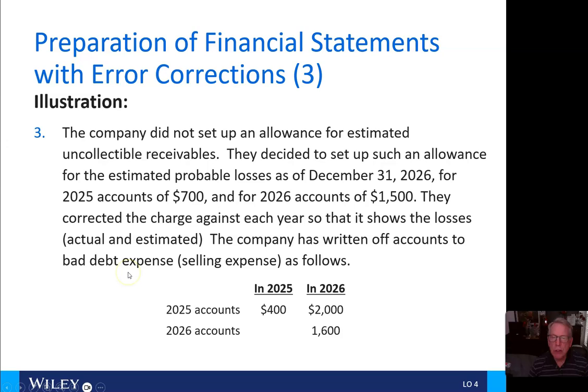They corrected the charge against each year so that it shows the losses actual and estimated. The company has written off accounts to bad debts expense, that's to selling expense, as follows for 2025 and 2026.